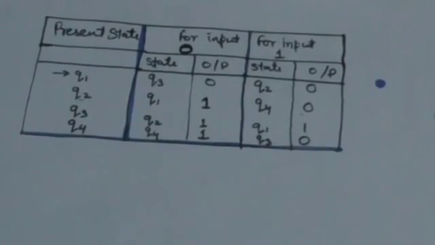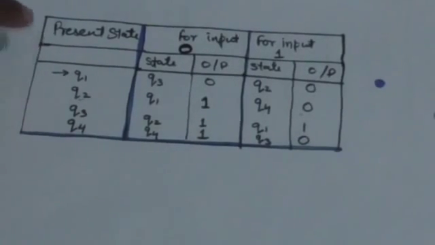We can also represent Mealy machine in graphical form. When we represent it in a form of graph, that graph is also called transition diagram. Now here, when we represent it by graph, nodes of graph represent states of Mealy machine.